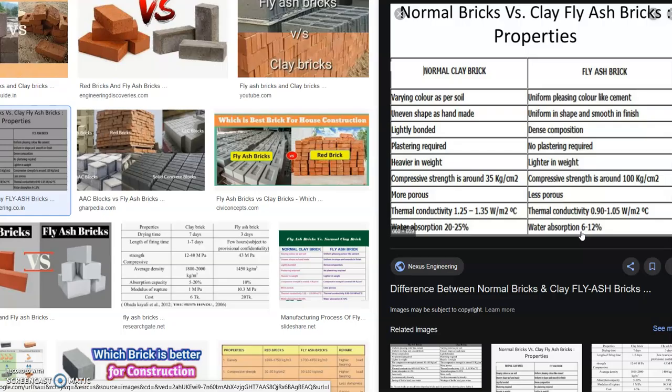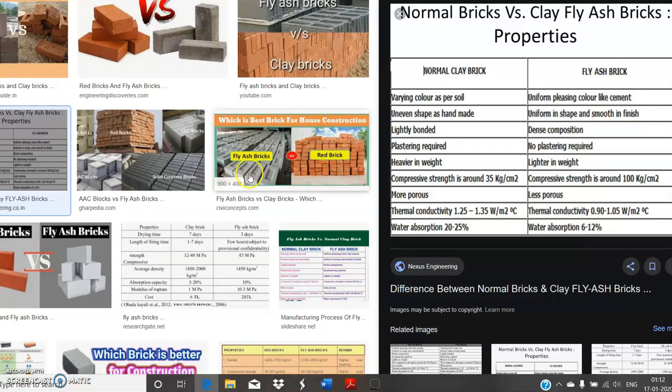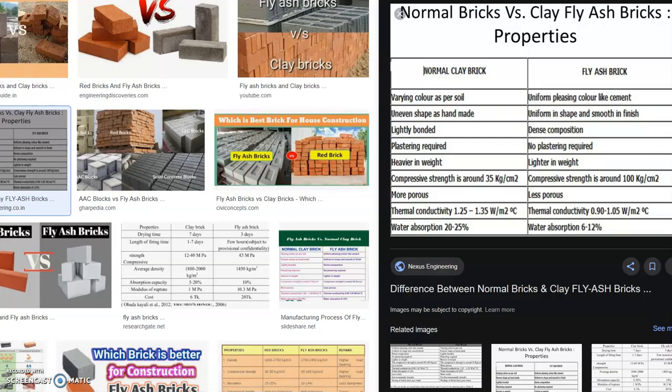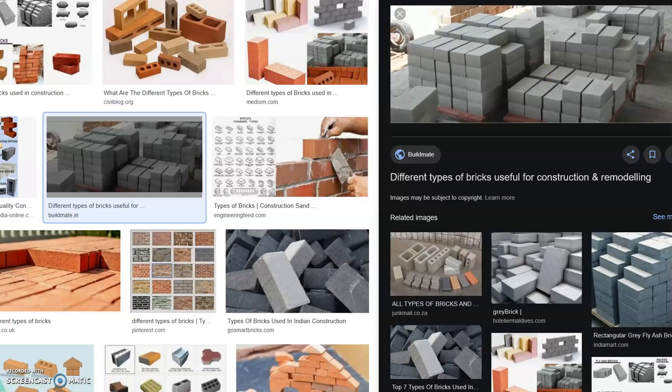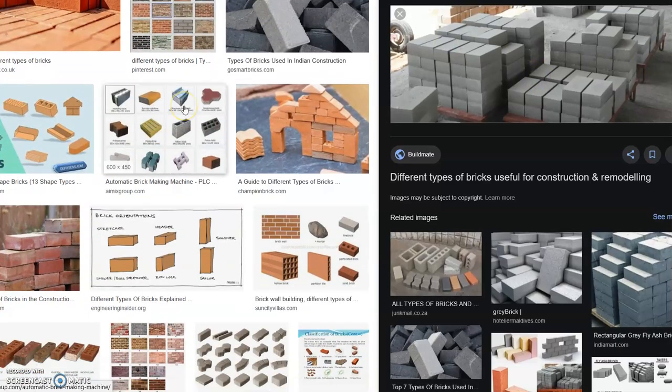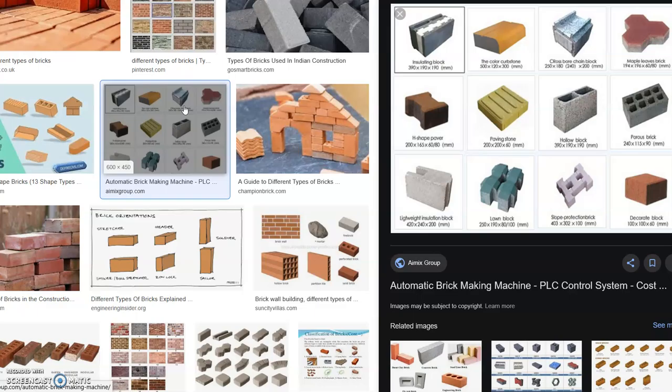I would like to mention that apart from these fly ash based bricks, other types of bricks are also available in the market for various purposes. You would have noticed them on roadside platforms as paver blocks, and inside gardens also, people lay those as a paving path.